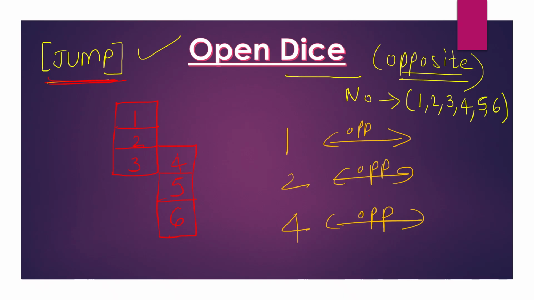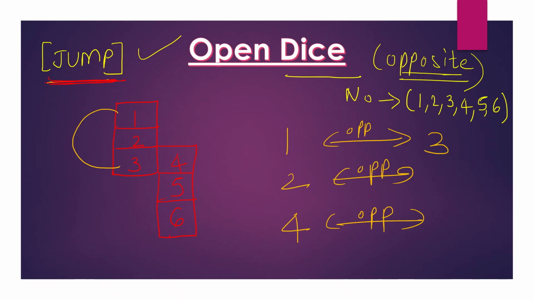Or in Hindi, if I want to tell, you need to just छलांग मारना है. ओके, छलांग मार के पहुंच जाना है. तो एक का ऑपोजिट क्या होगा? अगर मैं छलांग मारूं या जंप मारूं तो एक का ऑपोजिट क्या होगा? एक का ऑपोजिट 3 होगा. So one opposite will be 3.